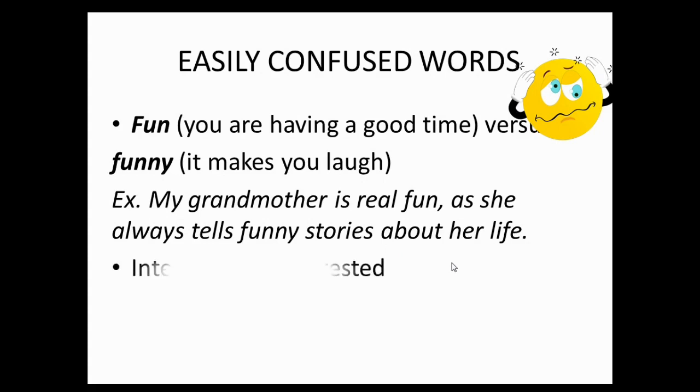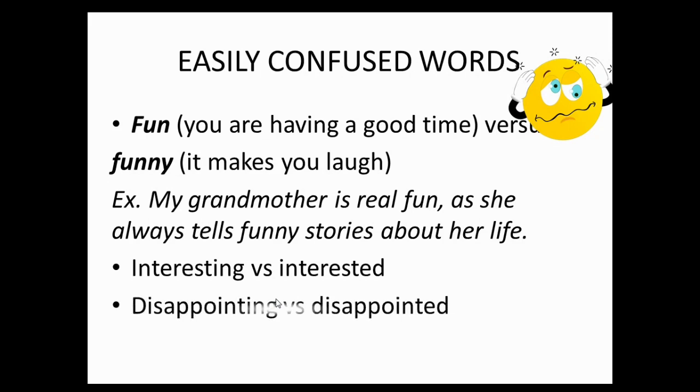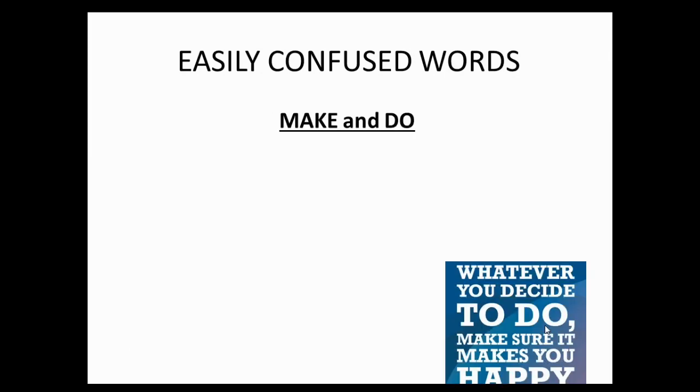English is fun. And then be careful with these combinations. I find history interesting. I'm interested in history. Or your behavior was disappointing, decepcionante. I feel very disappointed. Exciting, excited, etc. Bored, boring. Make and do are really complicated because in Spanish you only have one verb, hacer.